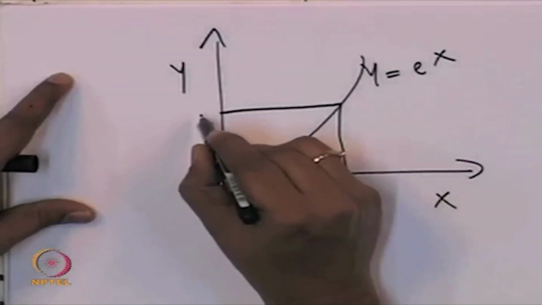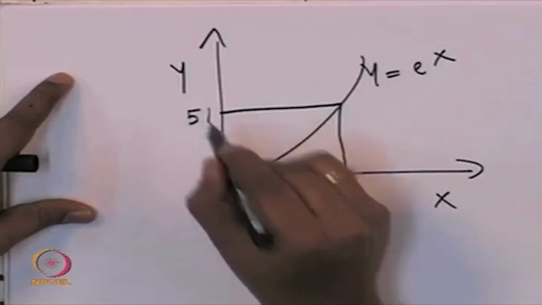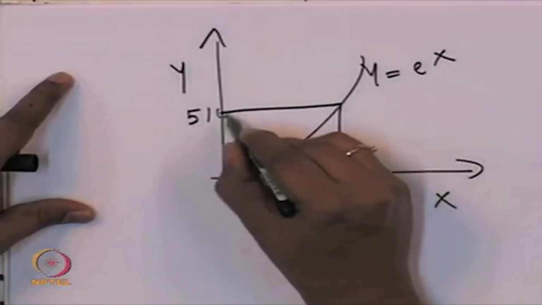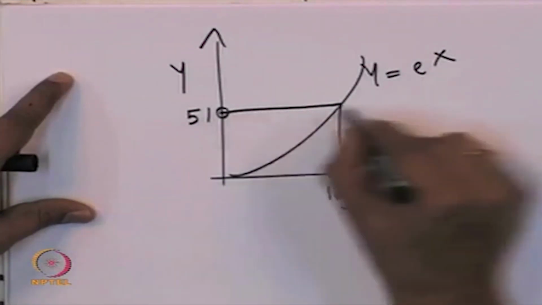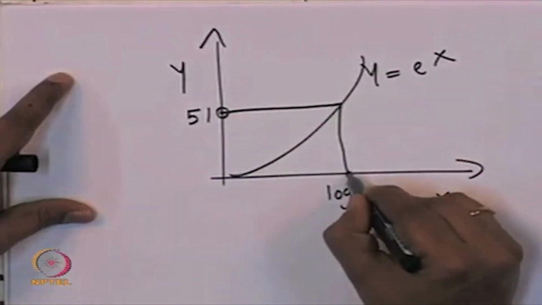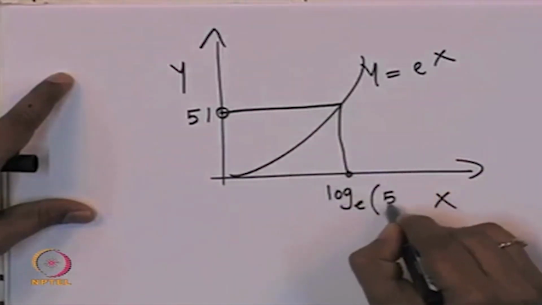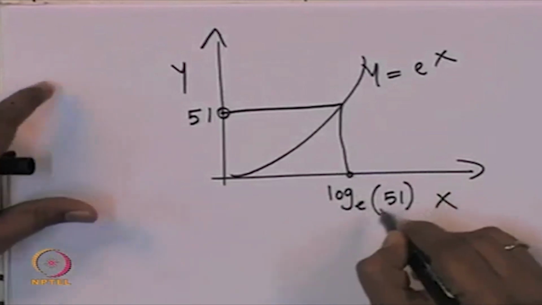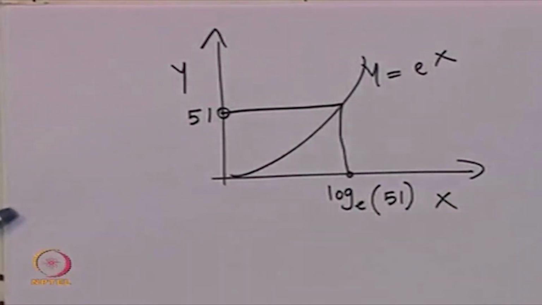So, let us say this is 51. So, this value is 51 here, and if you draw such a line and calculate the corresponding x value, you call it log of 51 to the base e.